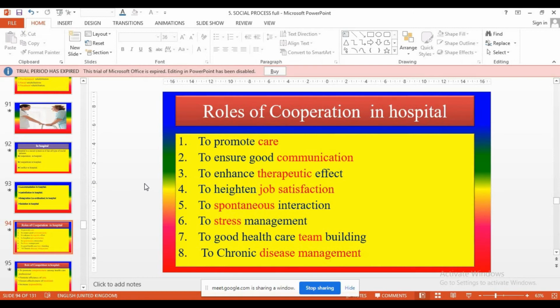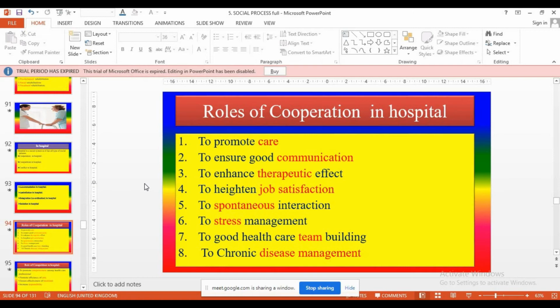At that time we need to guide how to promote cooperation. This is the individual clinical aspect. As well, in the hospital, all healthcare professionals work together and cooperate with each other to promote therapeutic facilities.